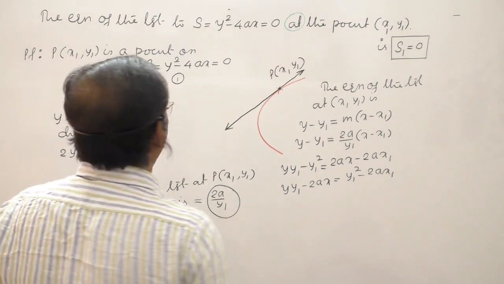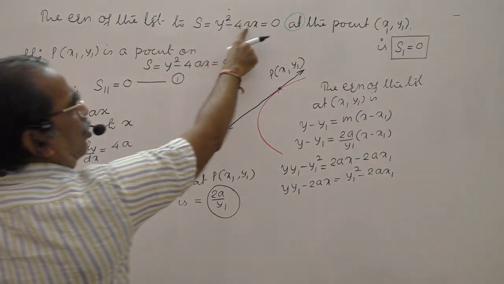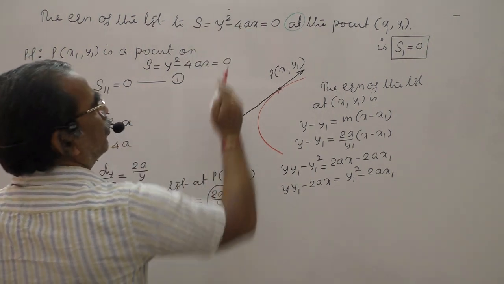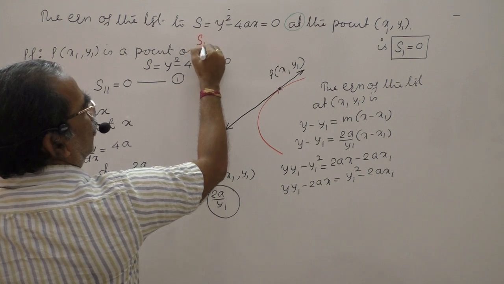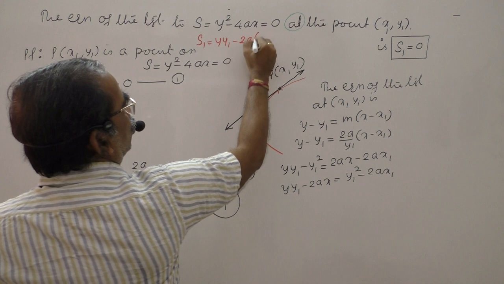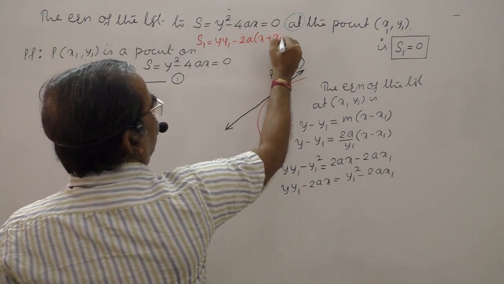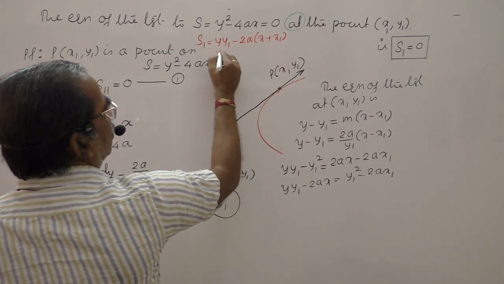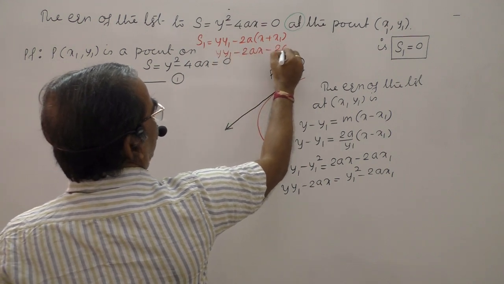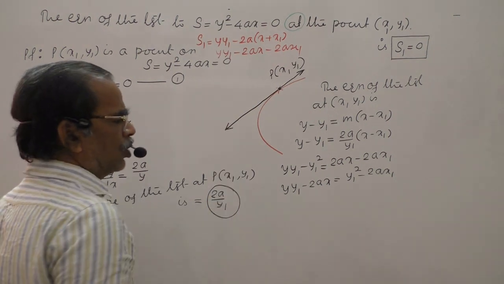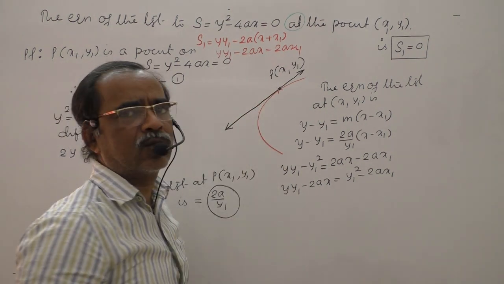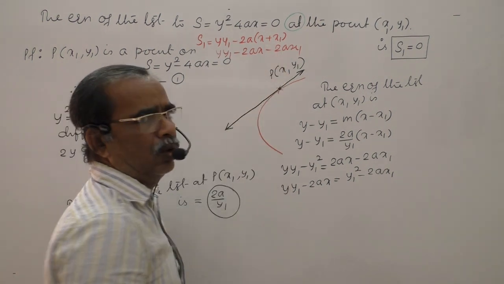Okay. So for the curve y square equal to 4ax, or S equal to y square minus 4ax, what is S1 for this? S1 is y y1 minus 2a into x plus x1. We know this. What does it mean? It is y y1 minus 2ax minus 2ax1. So here we obtained y y1 and minus 2ax only. This term is missing, no?